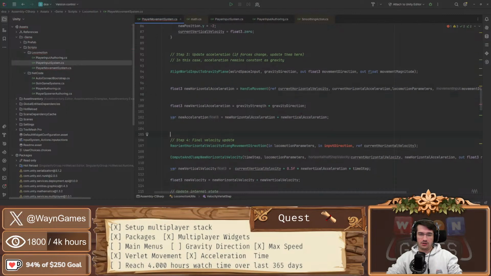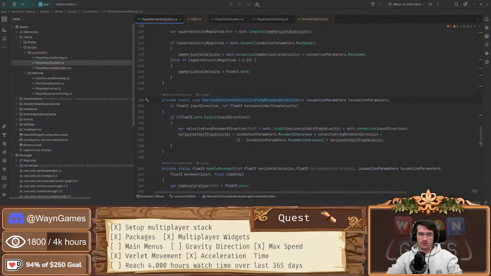And here I need both in there because I need the magnitude to check it's not equal to 0. And I need the normalized direction. So let's call that back movement direction, and let's put in float, sorry, movement magnitude.